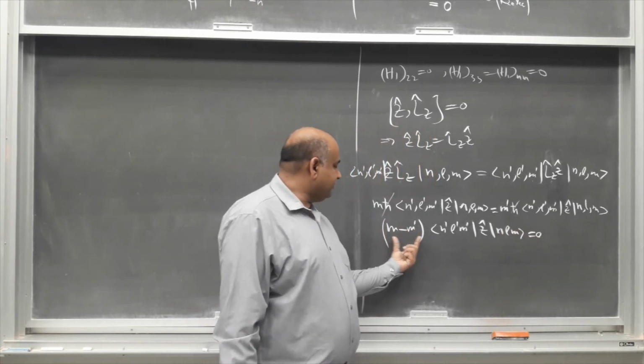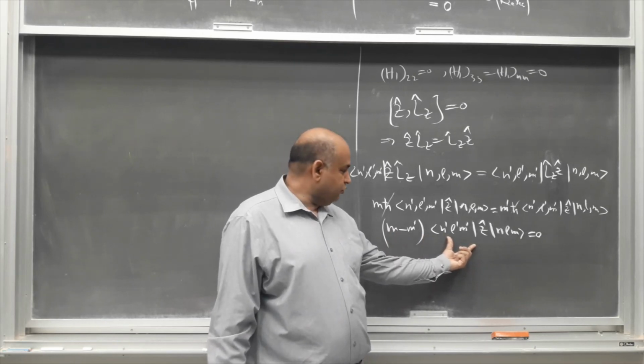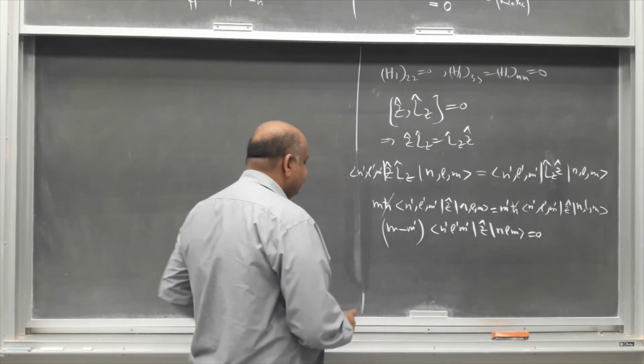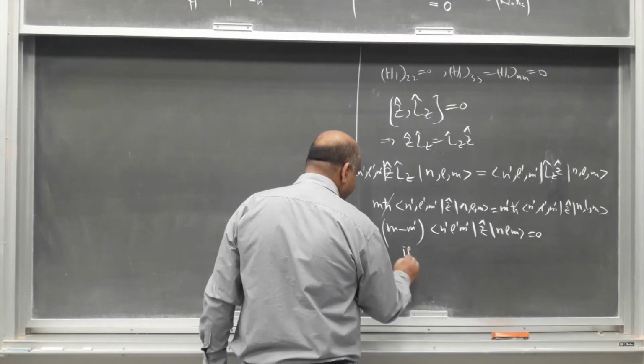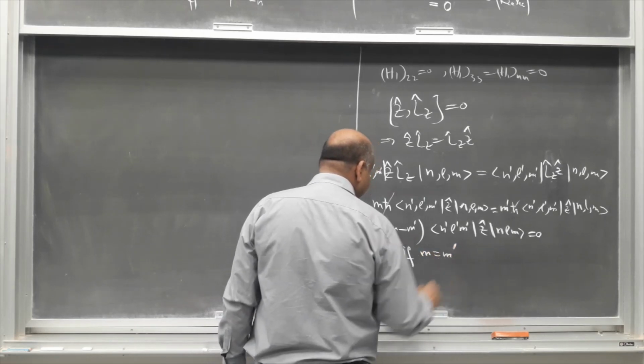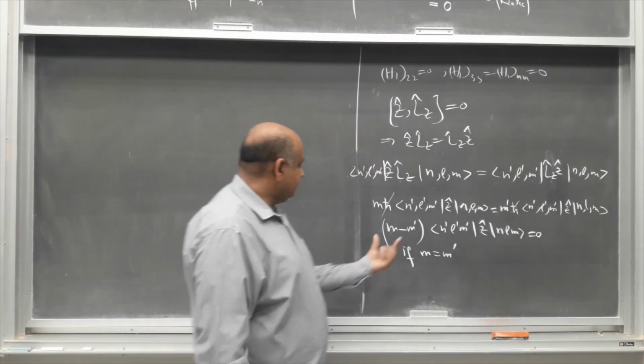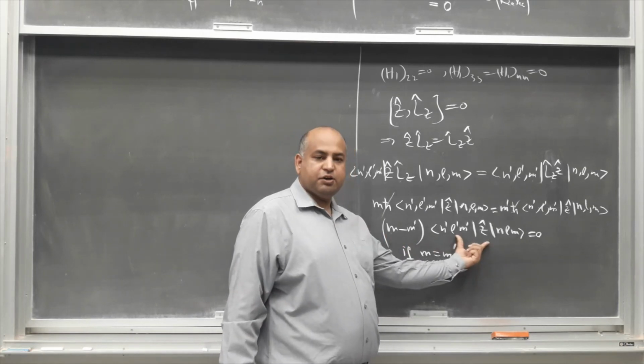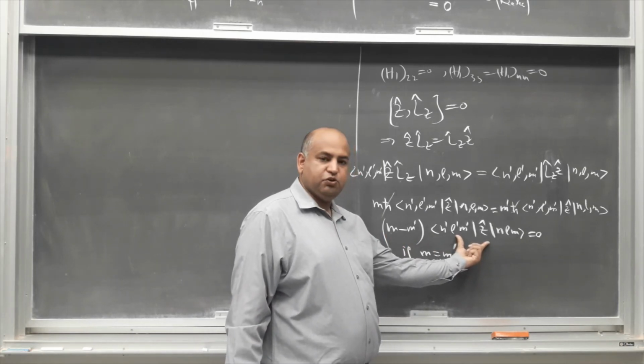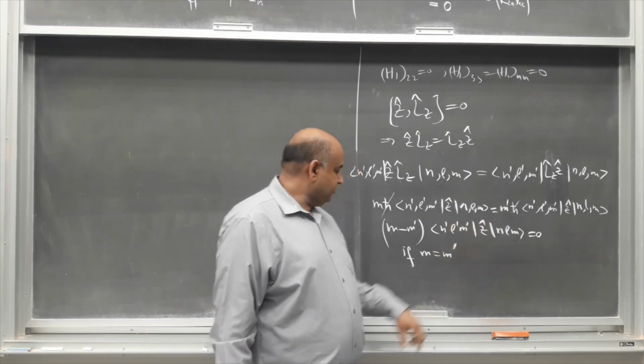So either this or that is 0, which means that if m is equal to m', this factor is 0, and the matrix element may or may not be 0, but we will have to evaluate it.